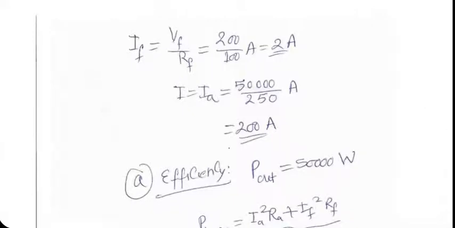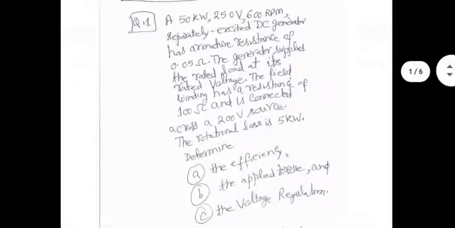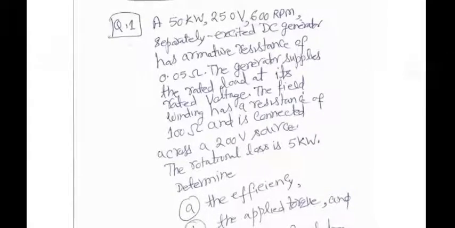Now efficiency. Output power is 50,000 watt, right? Now the job is to figure out losses and add them to output power so that you get input power. And then you take the ratio of the output power and input power. Now losses essentially means copper losses, and nothing is given about iron losses. So let's assume that iron losses are 0. But mechanical losses are given. They are not 0. They are 5,000 watt.